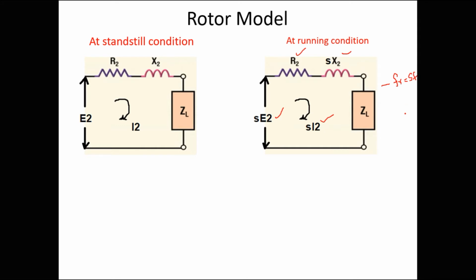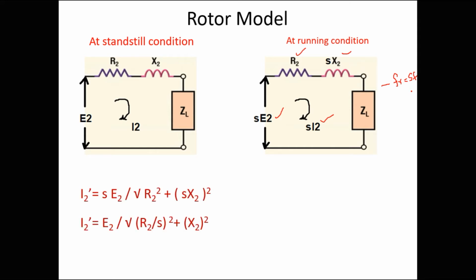And for combining the stator and rotor model together in an equivalent circuit, we have to convert this rotor frequency to a stator frequency. For that, we can write the current equation as SE2 divided by Z, and we are going to change this rotor frequency equation to a stator frequency equation.